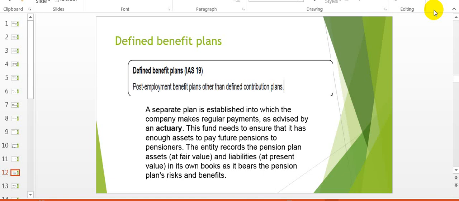The actuary will advise the entity how much the entity needs to invest into the plan.